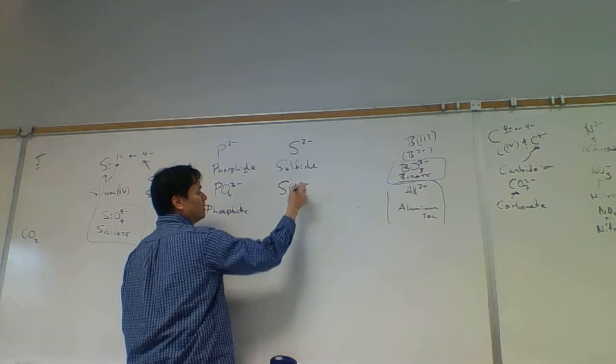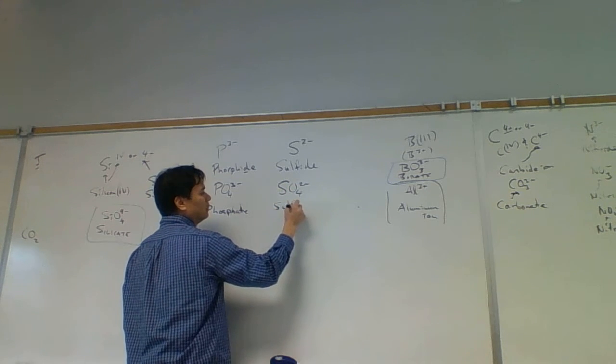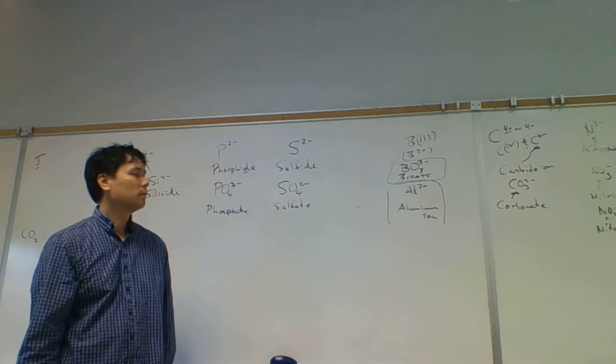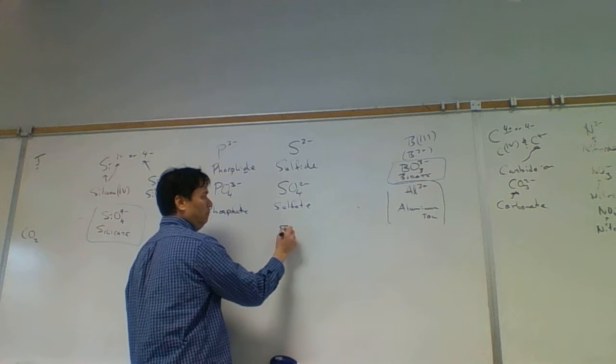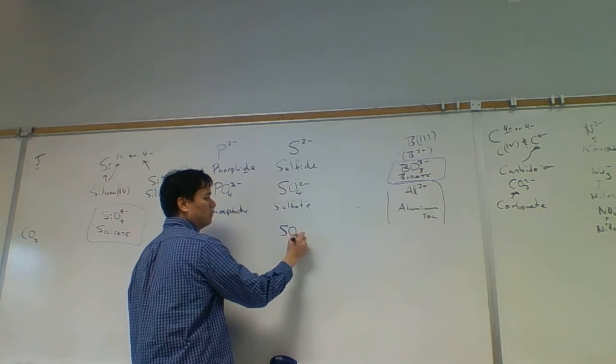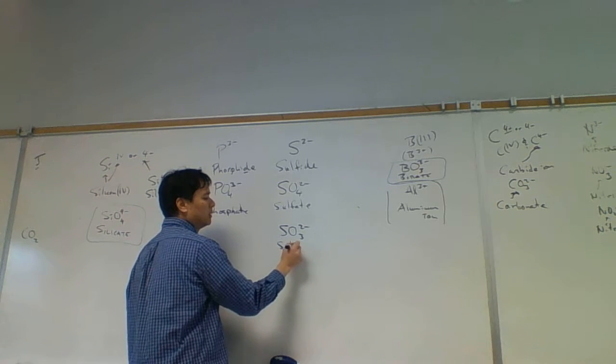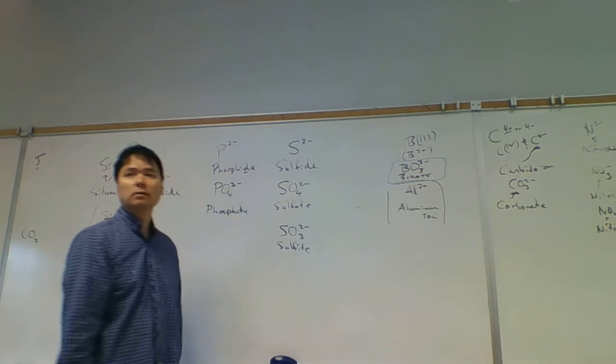SO4, 2 minus, that's sulfate. What would sulfite be? SO3, 2 minus, this is sulfite. Sulfite's very common, so we'll do that.